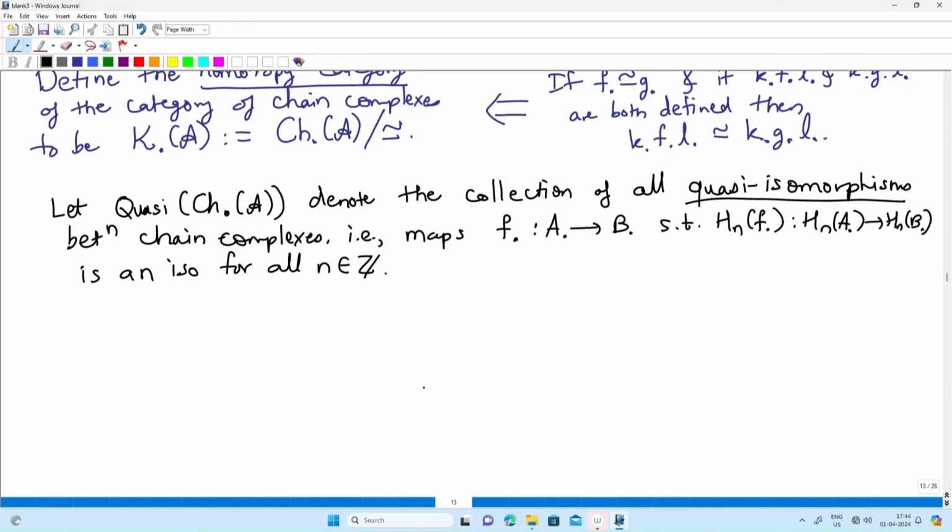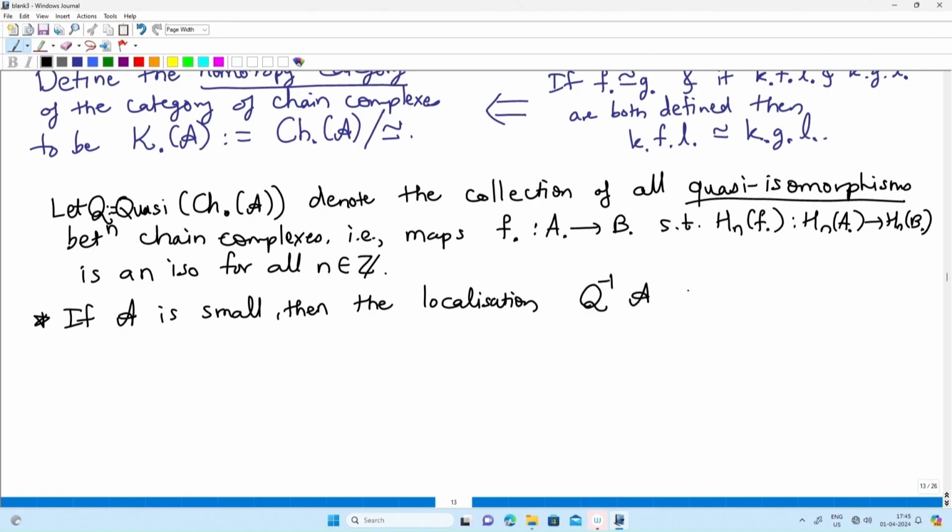If A is small, then the localization, let me call this Q, the localization Q inverse A is well defined.